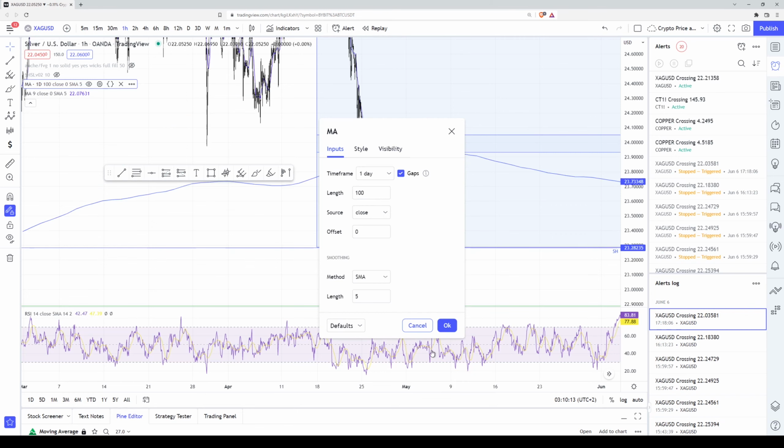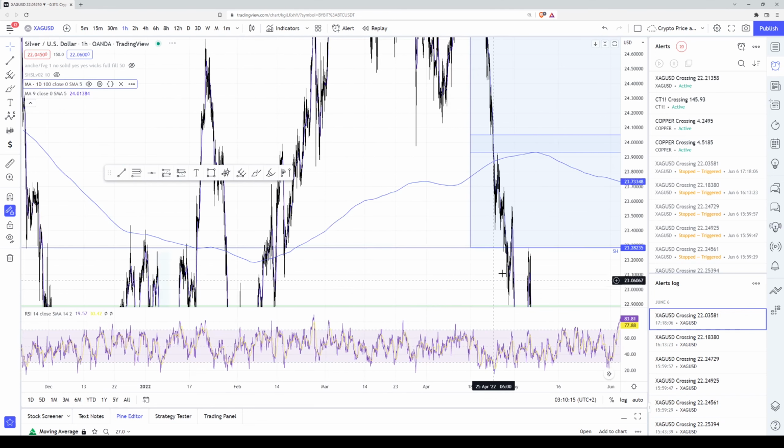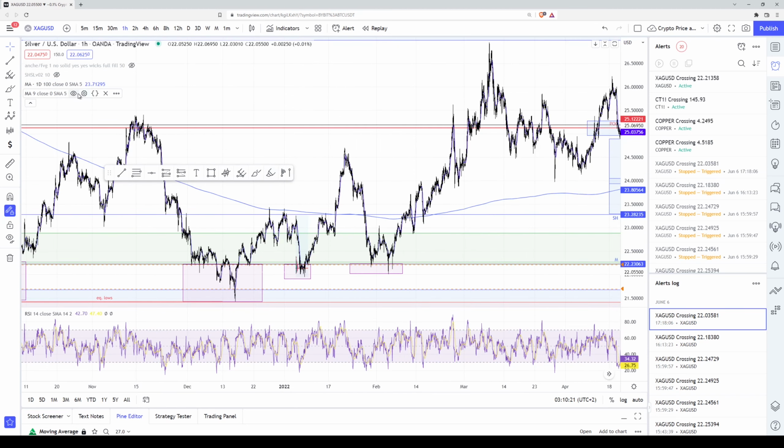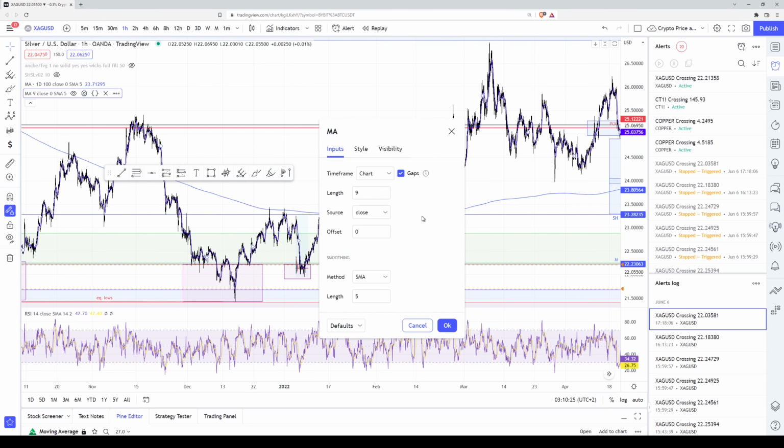And in order to visualize the different moving averages, I suggest using a different color for every single moving average that you use. So let me just change this.